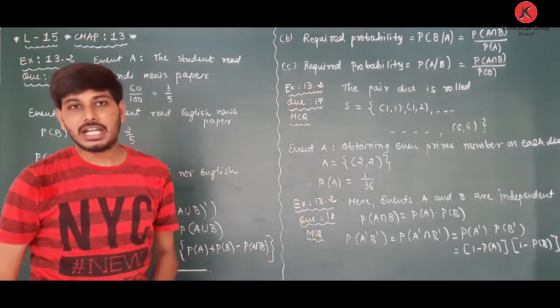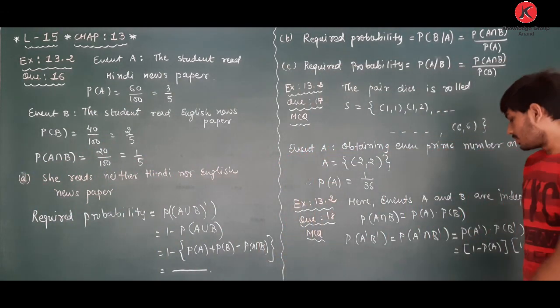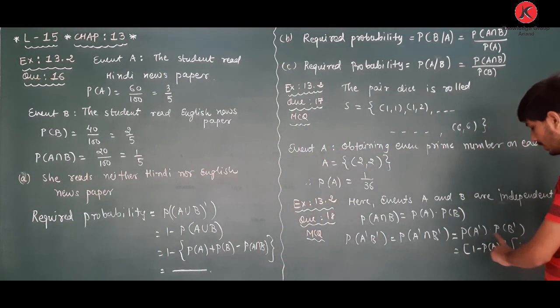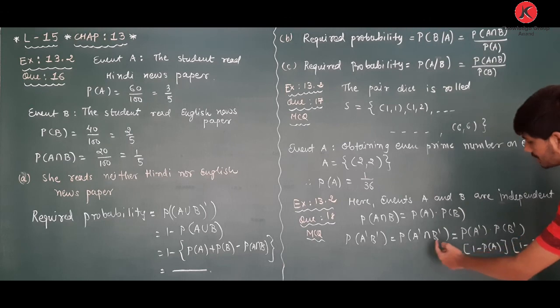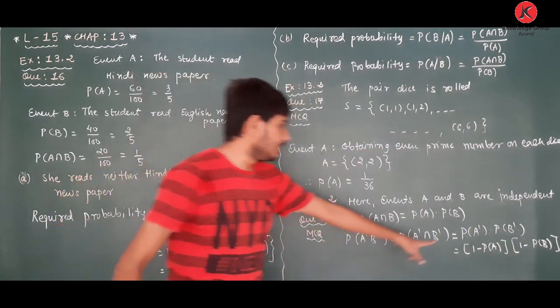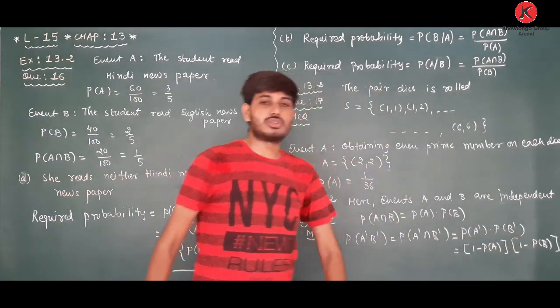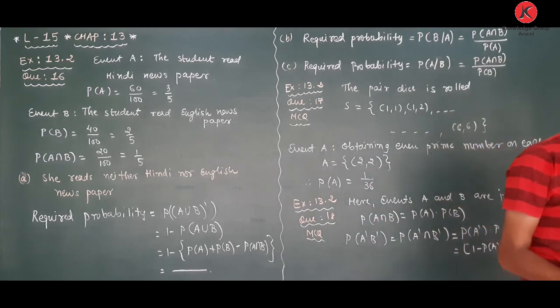Probability of A dash B dash means probability of A dash intersection B dash, which can be written as probability of A dash into probability of B dash. Why? If A and B are independent, in the same way A dash and B dash are also independent events. Therefore we can write it for this case also. So your right option is option B.